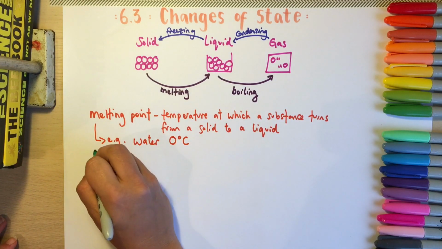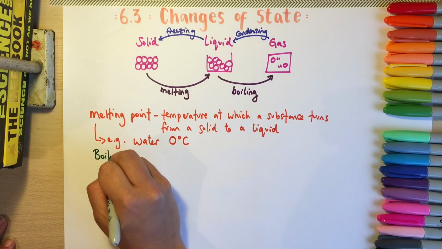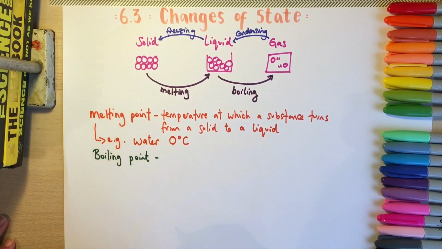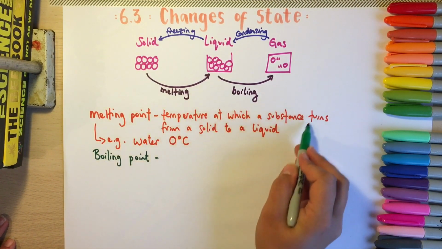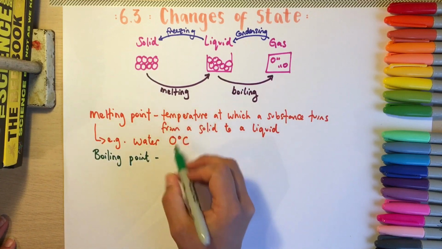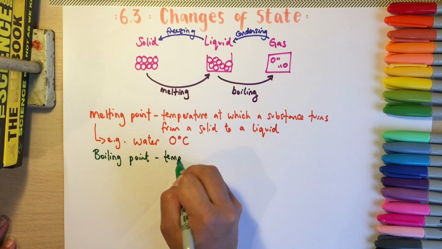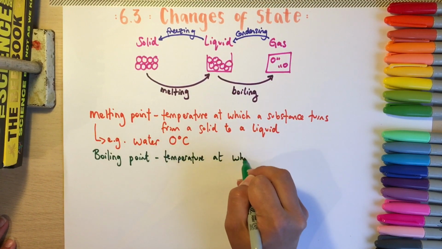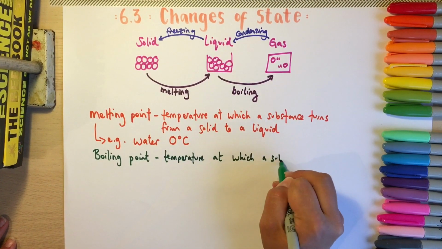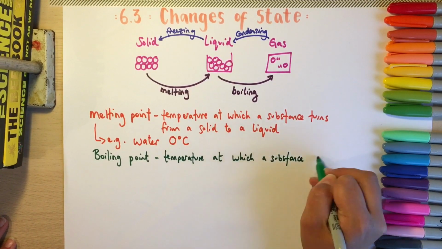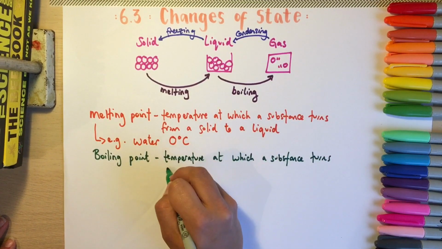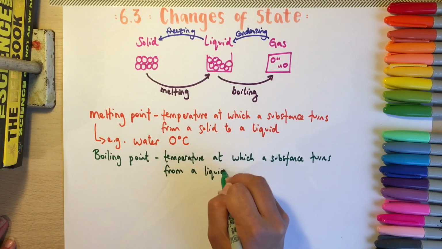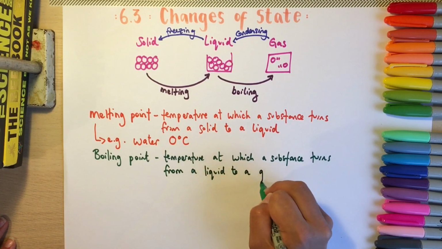We also have something called a boiling point. And this, if we look at this definition here, is very similar. So it's the temperature at which a substance turns from a liquid to a gas.